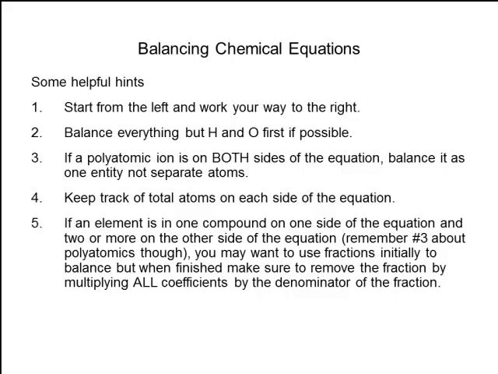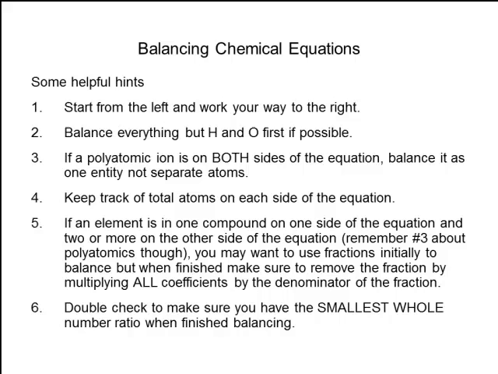Once you're done balancing with that fraction, though, you need to remove the fraction by multiplying all the coefficients by the denominator of that fraction. I know you completely understood what I said there, right? Don't worry. We're going to go through an example later on, and I'm going to explain it a little bit more. This is just something for you to look back at to remind you of these hints. We're going to go through number 5 in an example later on.